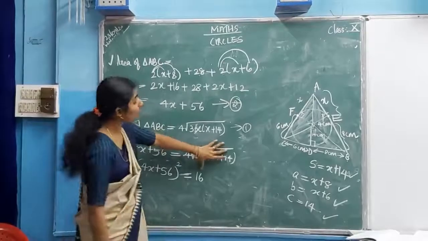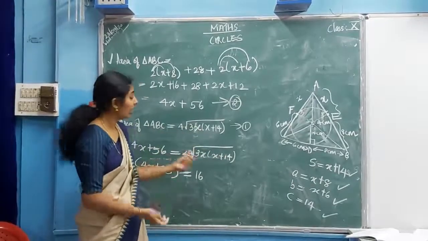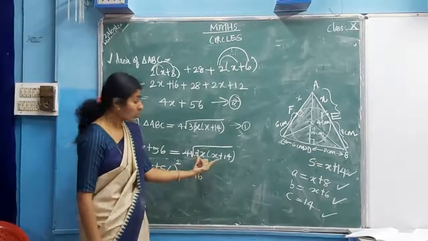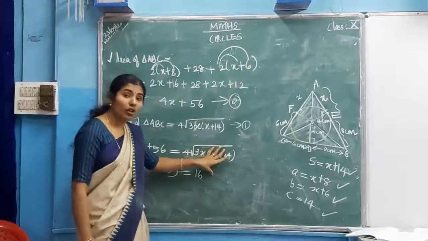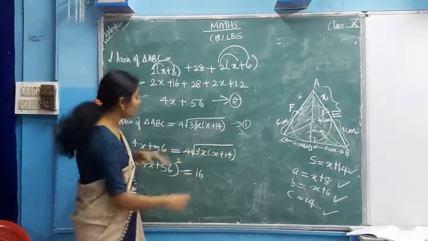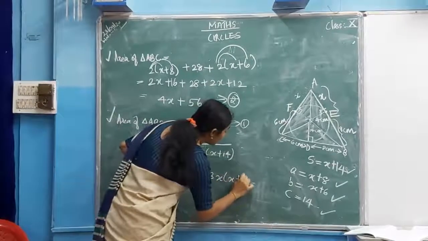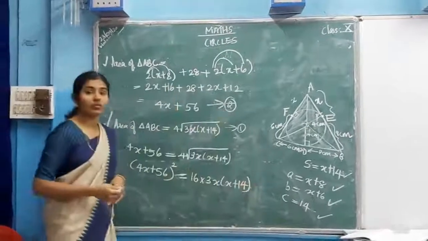What is the square of this square root? Square and square root will cancel each other, isn't it? When you take the square of this square root, square and square root will cancel. Now what is remaining? 3x into (x plus 14).